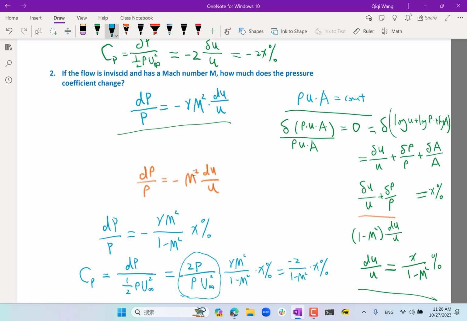For the same small percentage of contraction, my pressure coefficient change becomes more and more, up until a point that when Mach number is exactly equal to 1, or approaches 1, my CP becomes minus infinite even upon a tiny contraction. Let's put this in the back of our head, and look at the consequence of this when we look at choking.